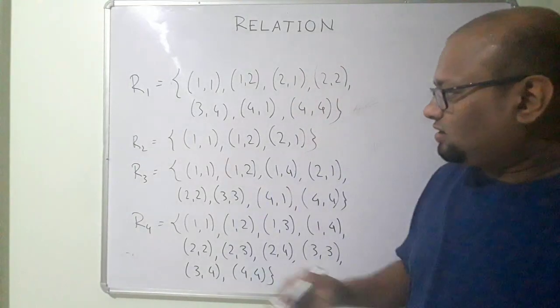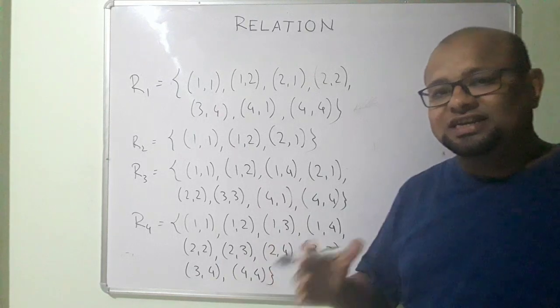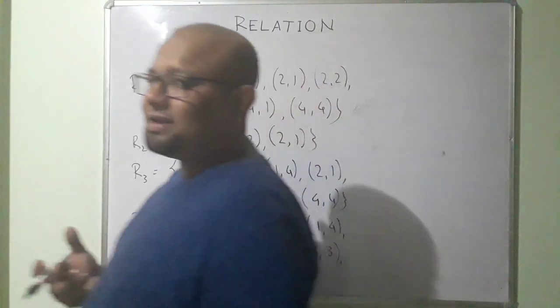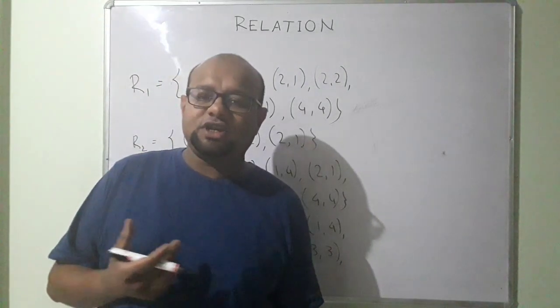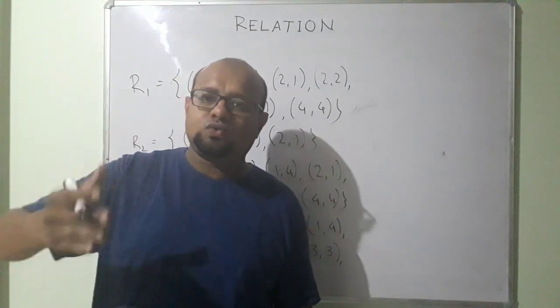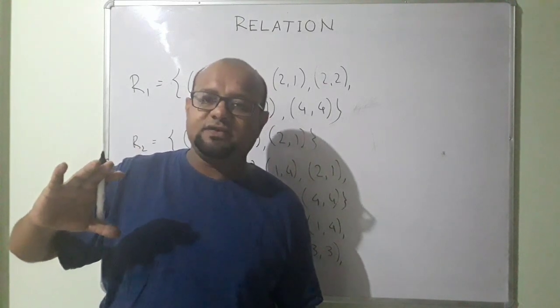No, there is data missing. I still did not tell you what the relation is on. This is a relation on some set, right? I need to tell you what the elements of the set are. Otherwise, you will never know. You may have 1 1, 2 2, 3 3, and you will think that it is reflexive.